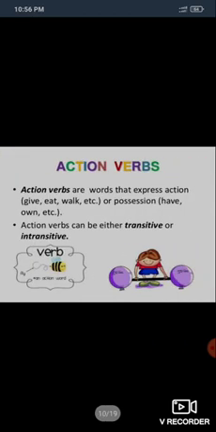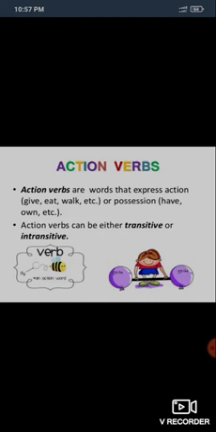They are the verbs that tell us about a particular action that is being done by a noun. It means action verbs are words that express action like give, eat, walk. These all are action verbs, or possession like have, own. So that is an action verb.